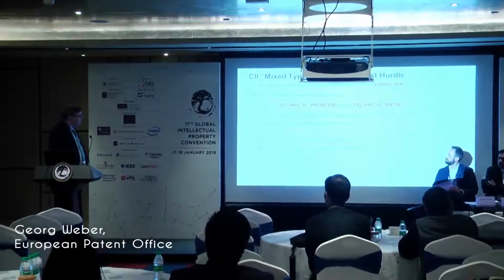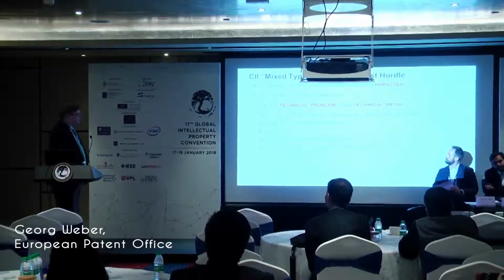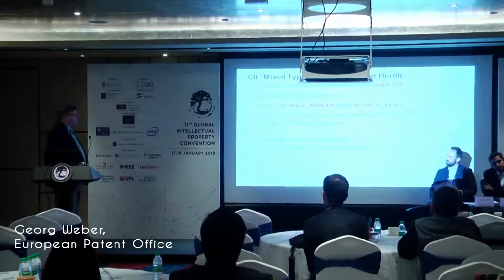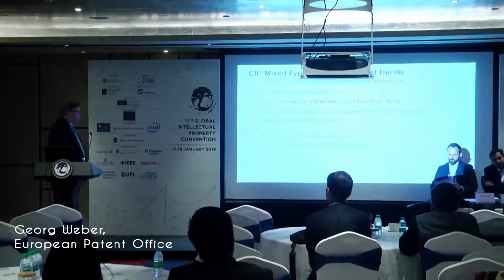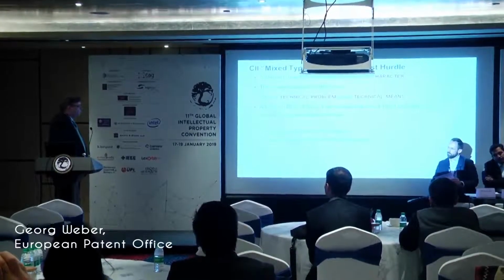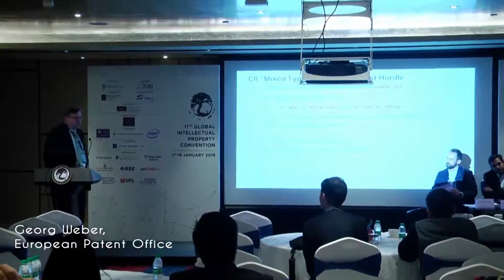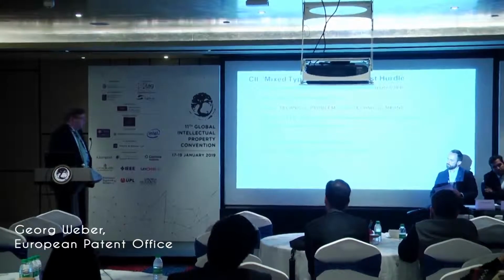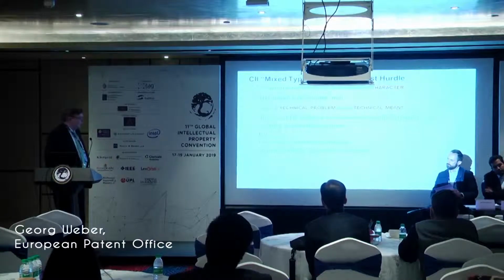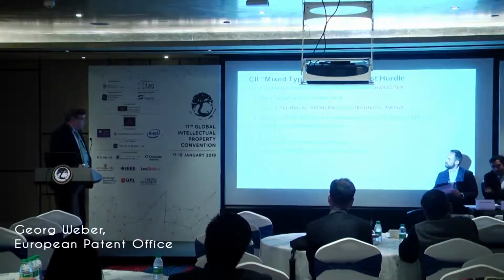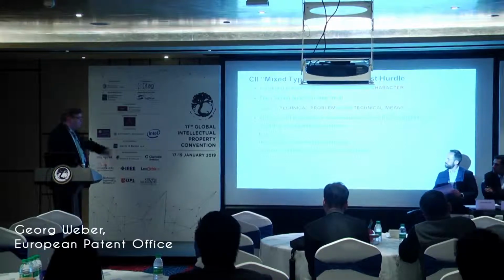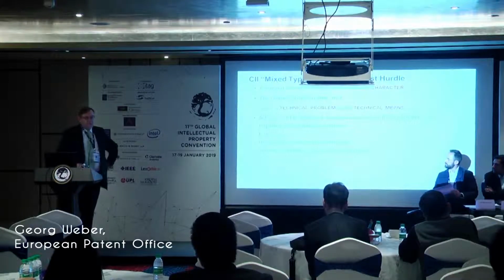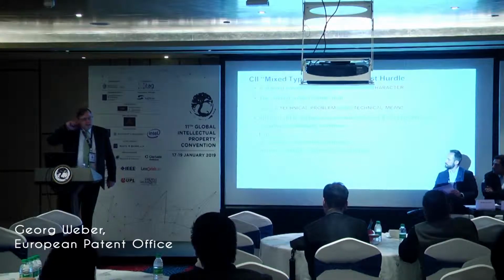when we say a claimed invention must have technical character, we speak about a computer-implemented invention, and we speak about the so-called mixed-type inventions, which have technical and non-technical characters. Easy: as soon as you have a technical character, it's eligible. So all exclusions from patentability do not apply anymore.